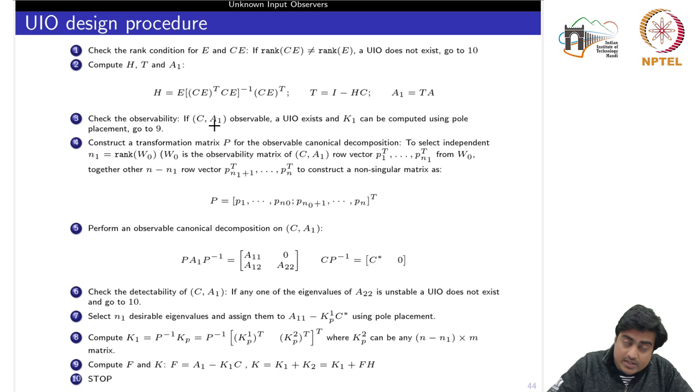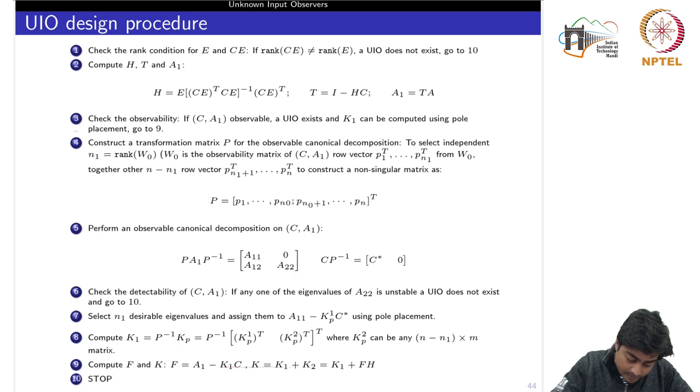If this pair A1 comma C is observable, we can directly compute this K1 using the pole placement technique, or either of the methods we had discussed earlier. And finally we compute the F and K matrices, and then we can stop the algorithm.